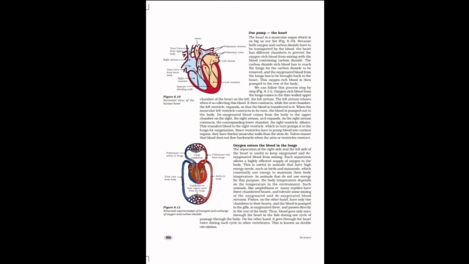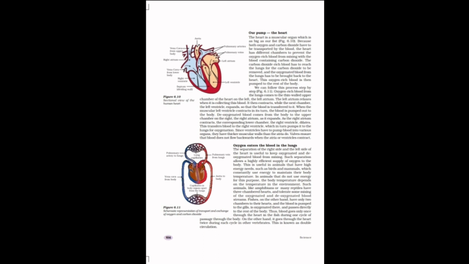This is useful in animals that have high energy needs, such as birds and mammals, which constantly use energy to maintain their body temperature. In animals that do not use energy for this purpose, the body temperature depends on the temperature in the environment. Such animals like amphibians or many reptiles have three-chambered hearts and tolerate some mixing of the oxygenated and deoxygenated blood streams.